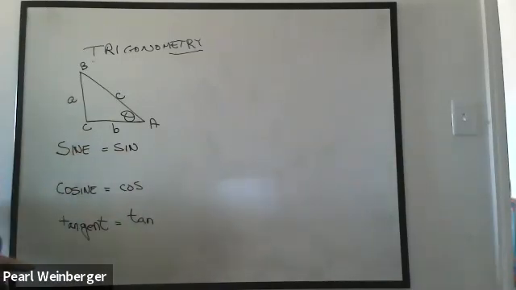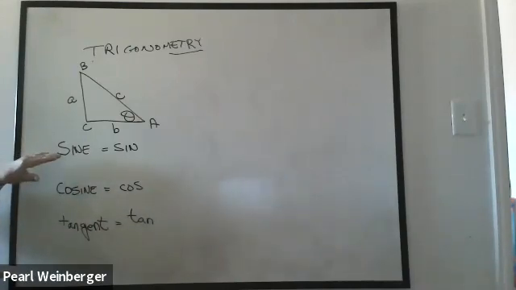Each one of these represents a fraction, a ratio of 2 sides of the triangle. You're going to know the 3 sides of the triangle. If you don't know all 3 sides, you'll know 2, and then you can figure out the 3rd side. Then you'll be able to make a fraction by dividing one side by another. Depending on what name you're given, it'll tell you which sides to use.